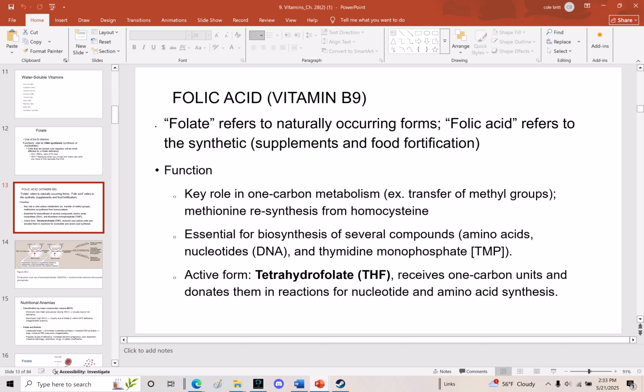But biotin, you should definitely remember, is involved in carboxylation reactions. That is, its enzymes have to do with carboxylation reactions. What is the vitamin that we need to do decarboxylation reactions?